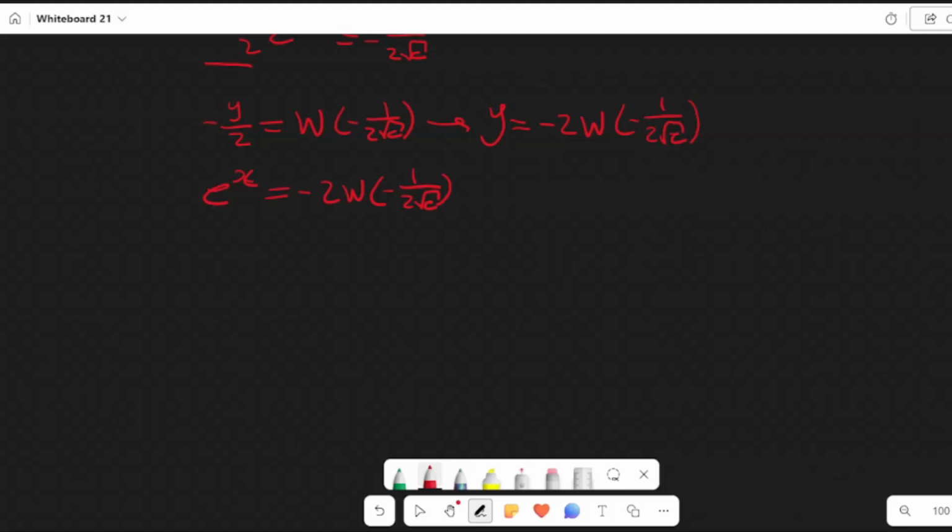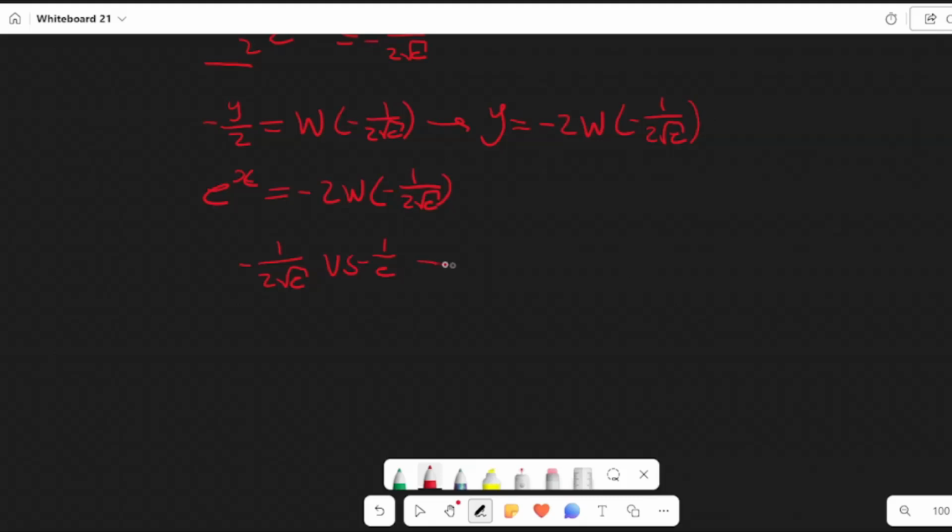In which case we only potentially have one real solution, since in that case the zeroth branch wouldn't work, as we would be taking the natural log of a negative number. But let's see what actually happens. Is -1 over 2 times the square root of e less than -1 over e? Since if it's less than -1 over e, then it's going to be complex.